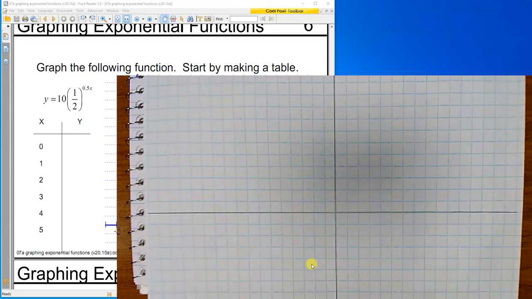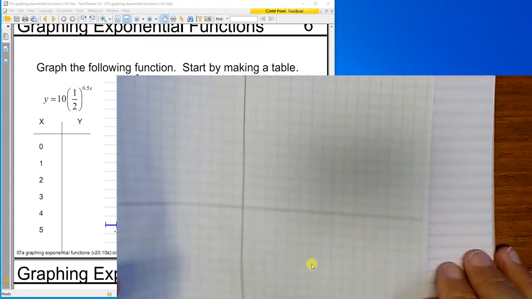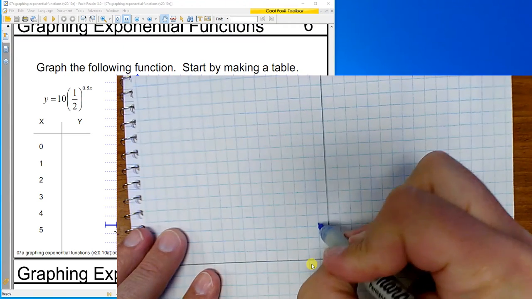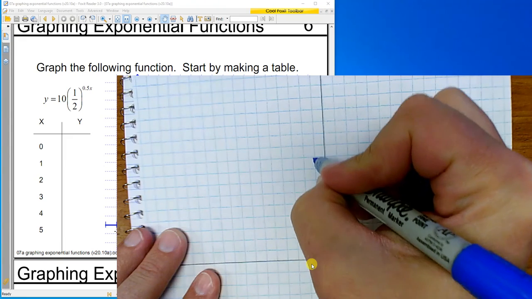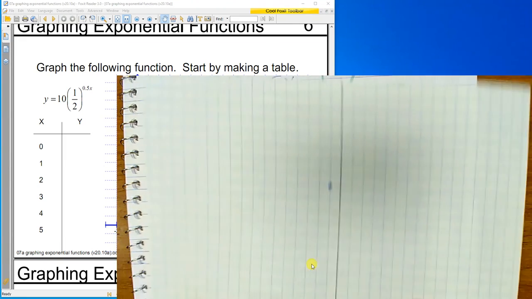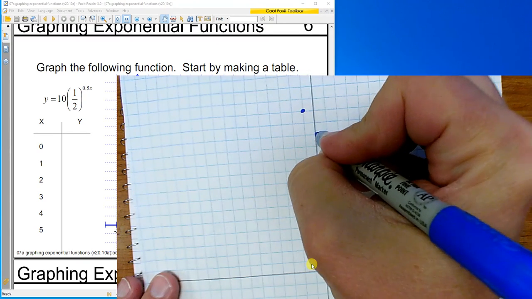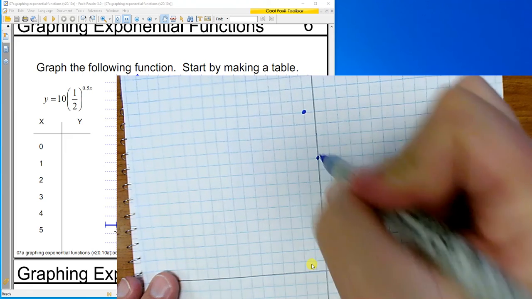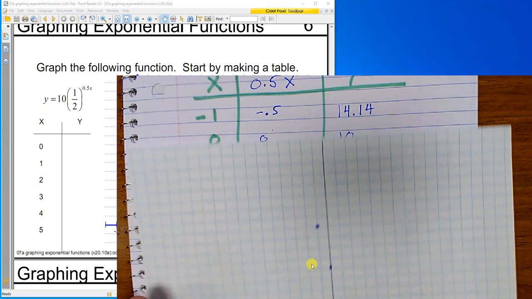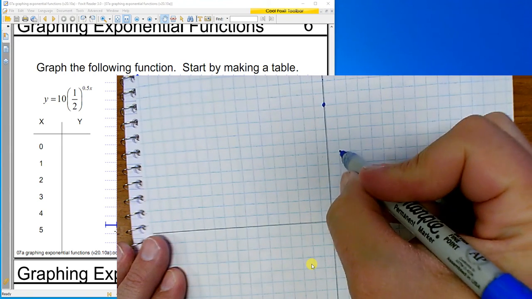So here's my graph paper. And my first point was -1, 14. -1, 1, 2, 3, 4, 5, 6, 7, 8, 9, 10, 11, 12, 13, 14. My second point was 0, 10. Just went down 4, 0, 10. My next point was 1, 7.1.